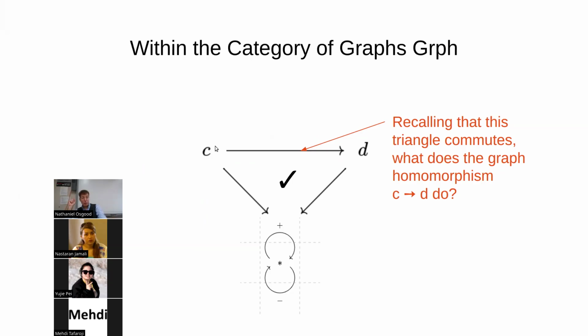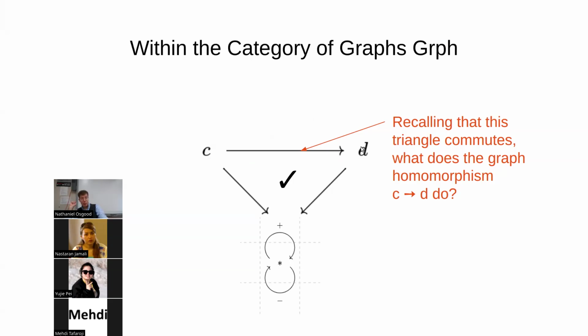Now you may say, okay, but what's more interesting is if we have another graph D, and its edges are annotated with polarities. Now, for this triangle to commute, this homomorphism has to do what? Normally this would be a graph homomorphism.